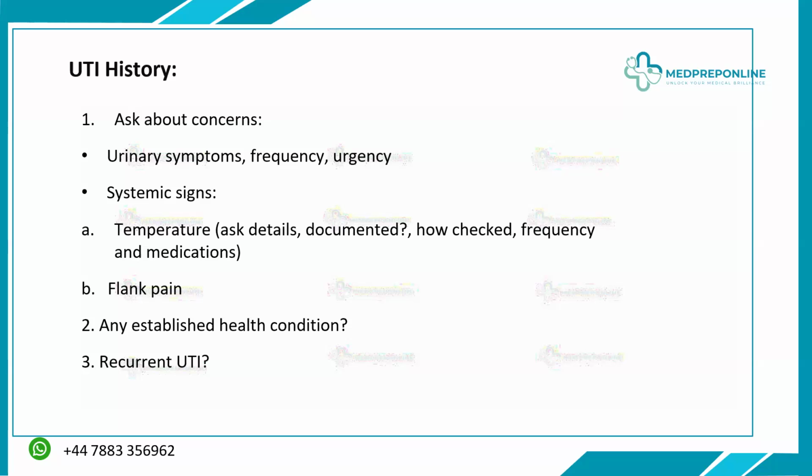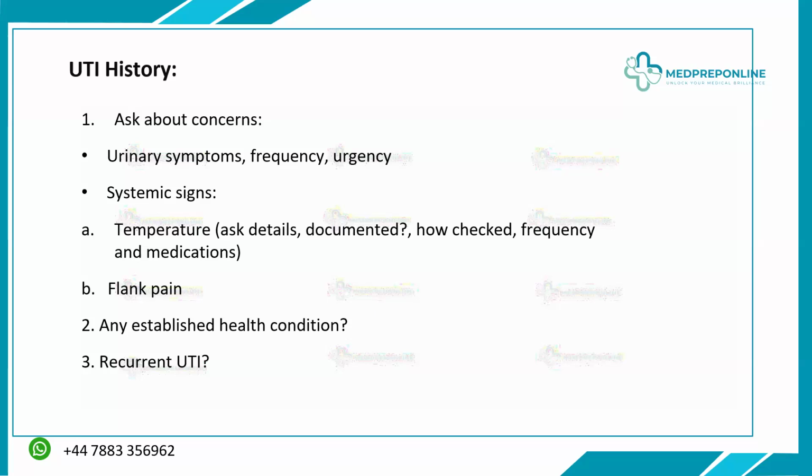You can ask if there is any previous occurrence of similar complaints. You have to check how often it is happening. If there is a UTI 3 times or more than 3 times in a year, it means it's a recurrent UTI.